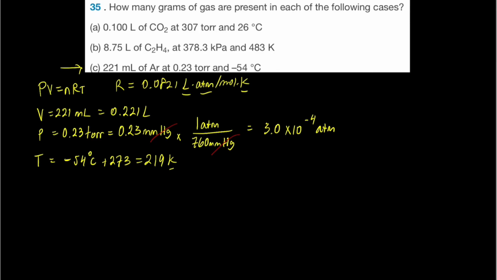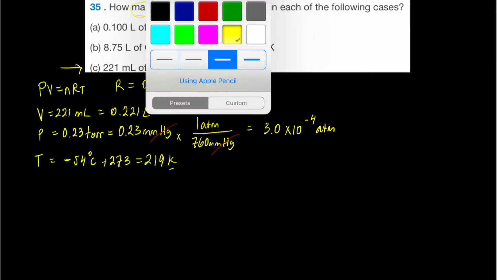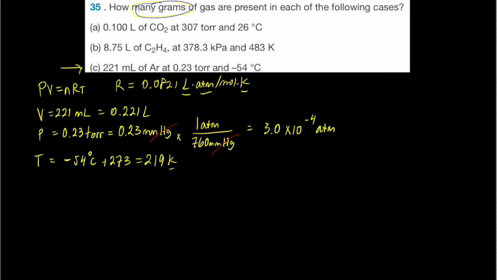Now, in this word problem, they're asking us for grams. How many grams? And we do know that the chemical substance is argon. So what we're going to have to do is solve for n, find n, and then at the end, we're going to convert to grams of argon using the identity of the chemical substance and our periodic table.